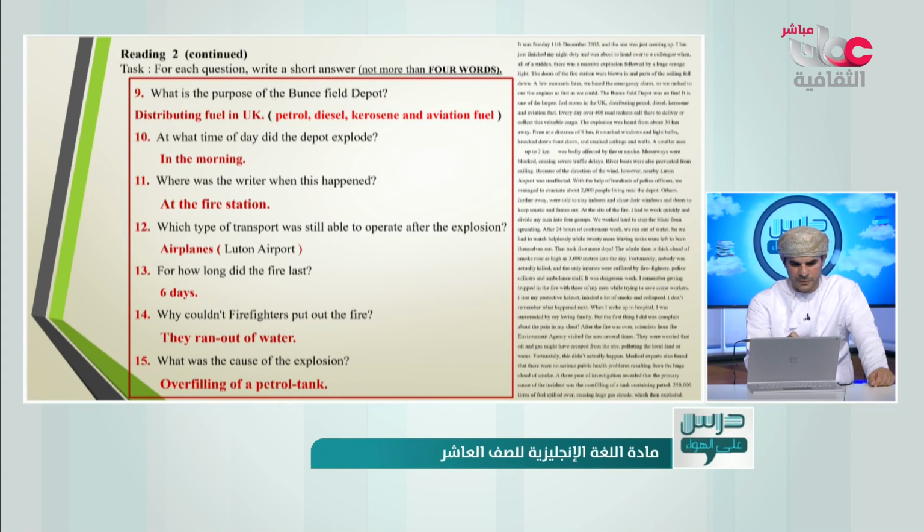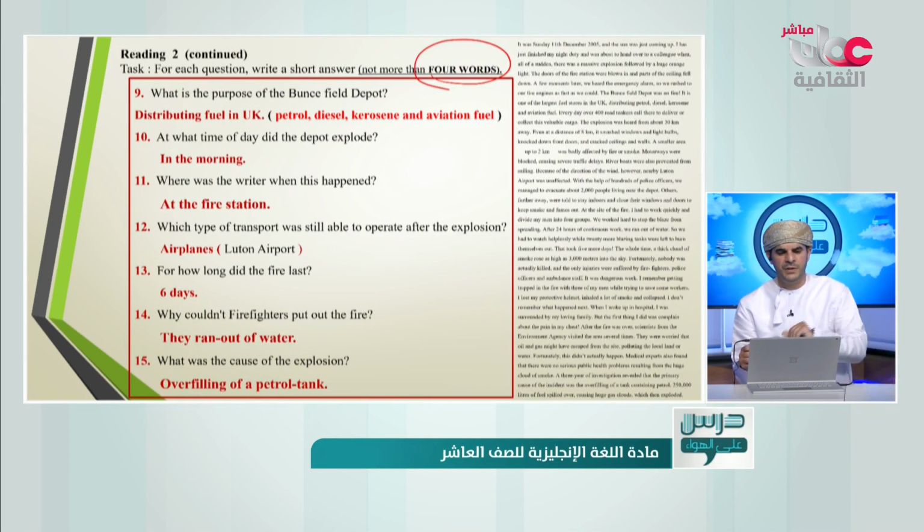What is the purpose of the Buncefield depot, distributing fuel in the UK? Make sure you don't write more than four words. Instead of writing distributing petrol, diesel, kerosene, and aviation fuel, you just write distributing fuel in UK, four words. At what time of day did the depot explode? In the morning, because he said the sun was just coming up.